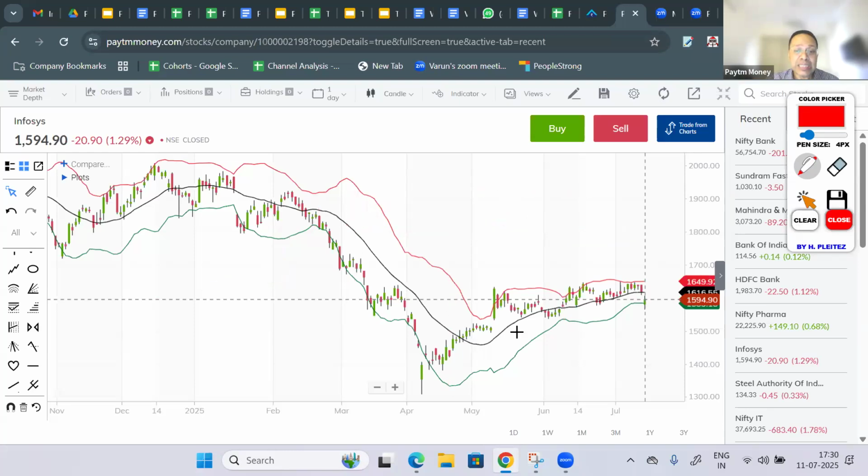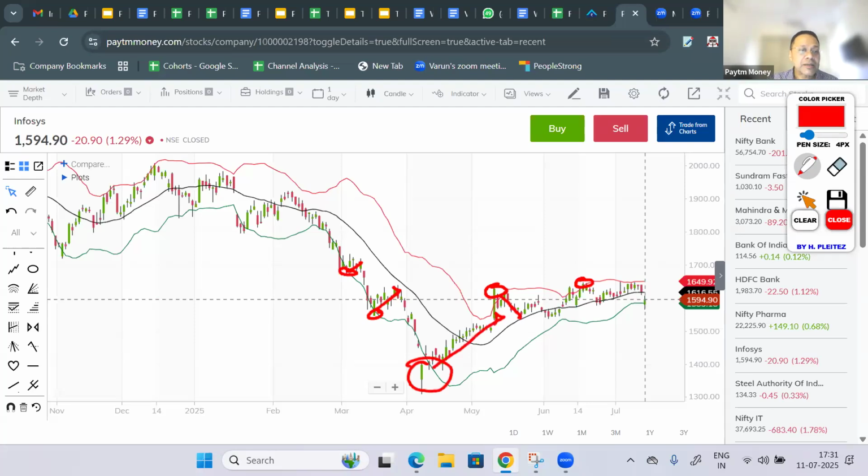Okay. Now, whenever the price goes beyond this upper standard deviation line, the probability of reversal becomes higher. Whenever it goes beyond the 2 standard deviation line, the immediate probability of reversal becomes higher. Can you see that?